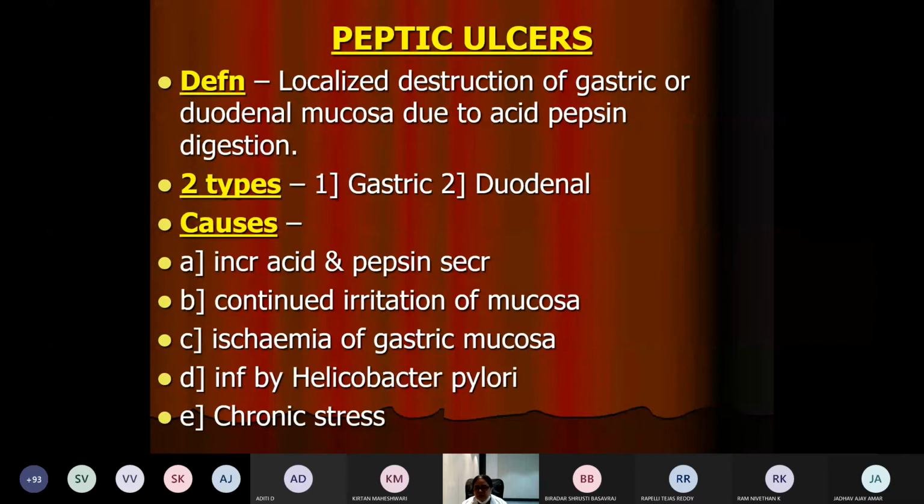There are two types, gastric and duodenal. Causes: increased acid and pepsin secretion, continued irritation of mucosa, ischemia of gastric mucosa, infection by Helicobacter pylori, and chronic stress.